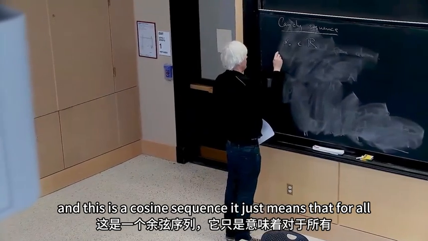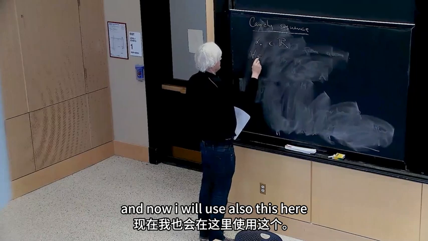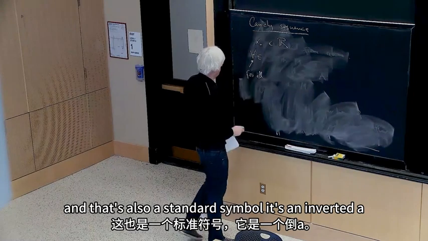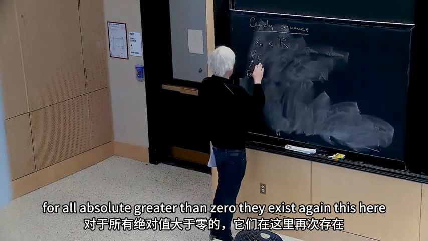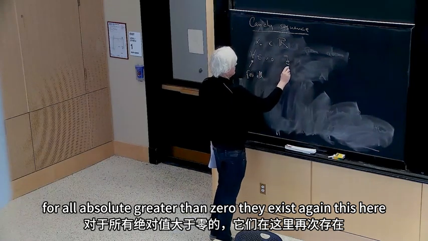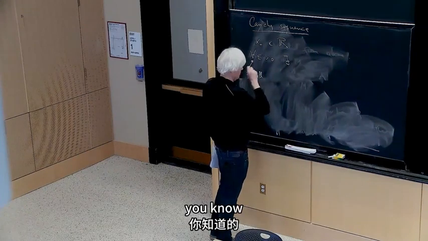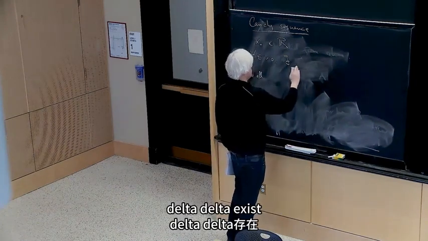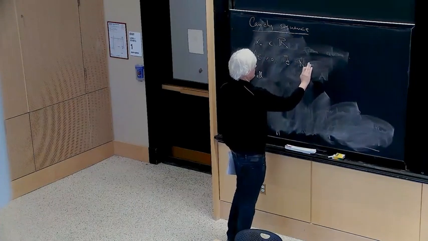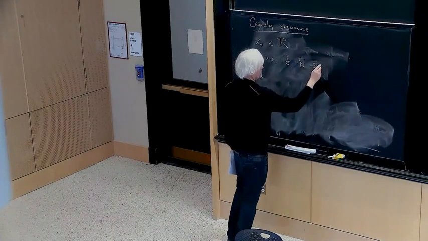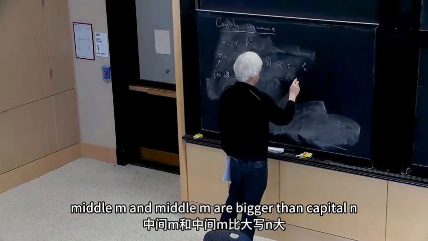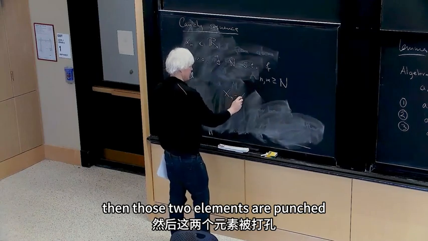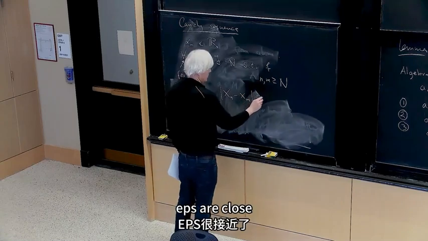It just means that for all, and now I will also use this symbol, this symbol just means for all, and that's also a standard symbol, it's an inverted A. For all epsilon greater than 0, there exists, again this inverted E means there exists, a capital N, such that if little n and little m are bigger than capital N, then those two elements are epsilon close together.